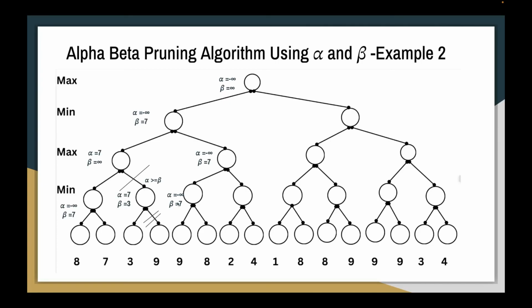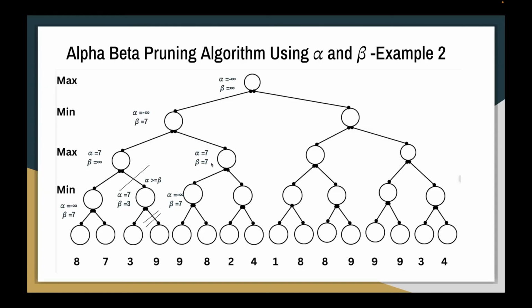Now beta value is 7. Now the minimizer: the 9 value will not be chosen because beta already has 7, and 8 also will not be chosen. So when the new value is passed, alpha will become, comparing minus infinity and 7, 7 is the maximum value, so alpha becomes 7 and beta is already 7.